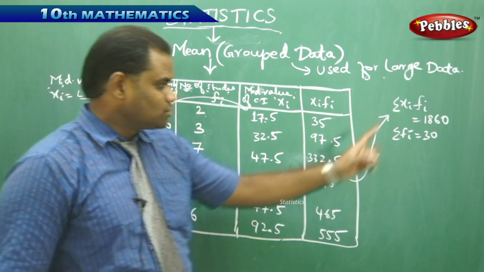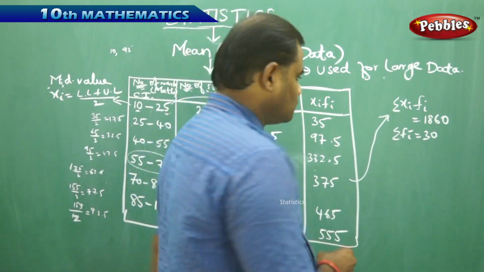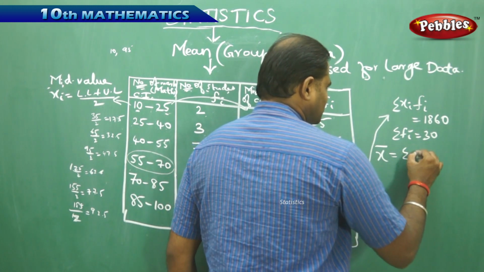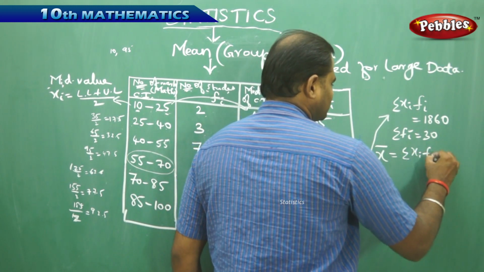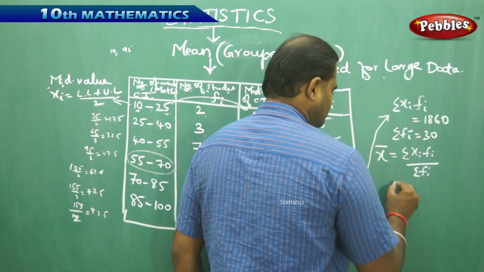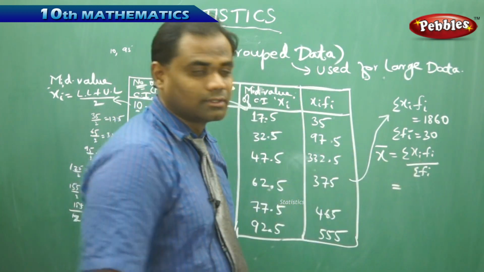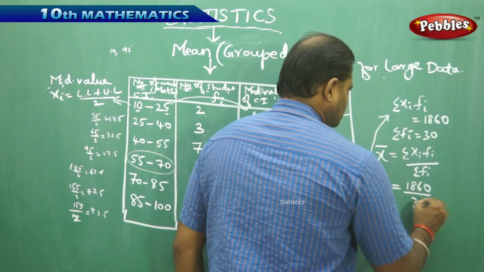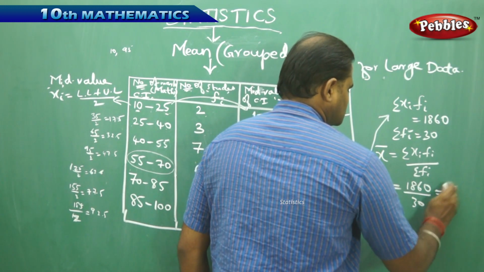Once I know these two values, I know that for grouped or ungrouped data, the mean is given by sigma xi fi by sigma fi, which on substitution gives 1860 divided by 30, which is 62.